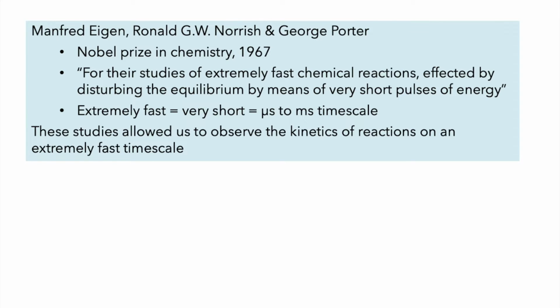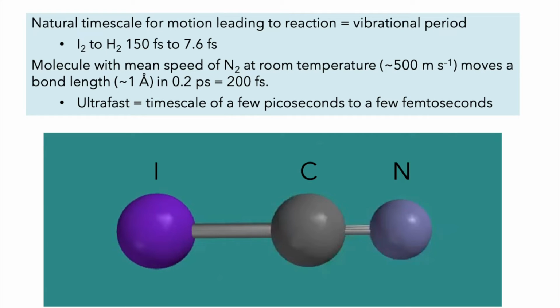This allowed them to follow the kinetics of reactions in real time on this microsecond timescale. They could watch reactants going away, being consumed, and products being formed on the timescale of a few microseconds to milliseconds. But if we want to watch reactions in real time, what's a natural timescale for atomic and molecular systems?